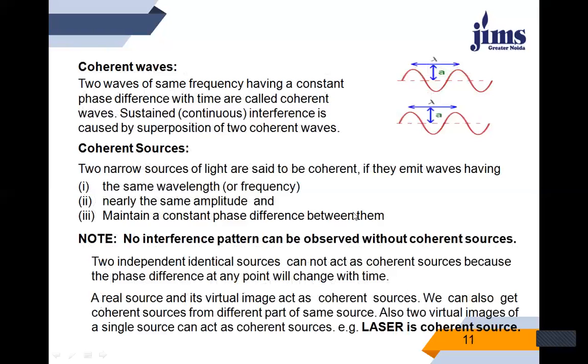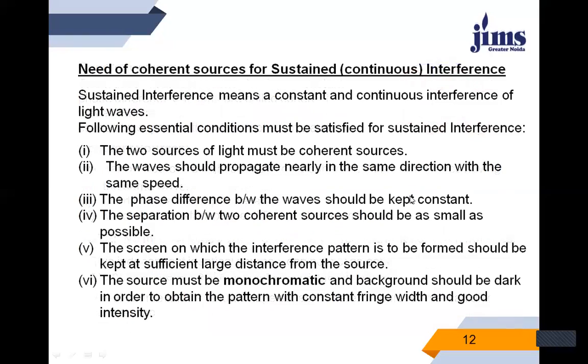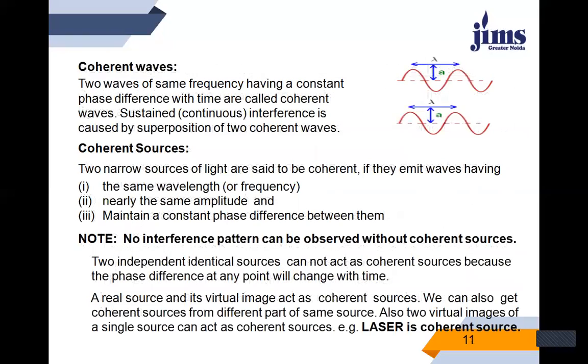So how can we obtain the coherent sources? Suppose we have a real source of light, and if we create its virtual image, then the real source and its virtual image will act as coherent sources. We can also get coherent sources from different parts of the same source, right?